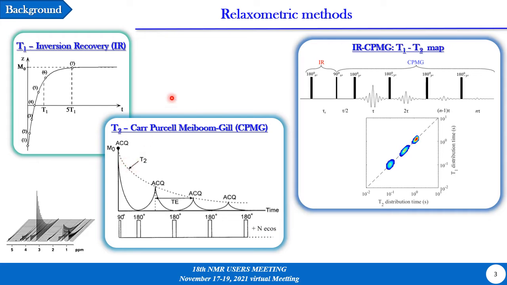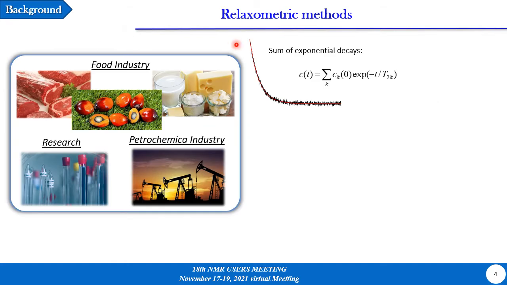And the inverse Laplace transform is important for samples that we have a broad distribution of relaxation times, for example. For simple samples, mono-exponential fitting or bi-exponential fitting can be enough to determine 1, 2, or 3 components in an experimental signal.